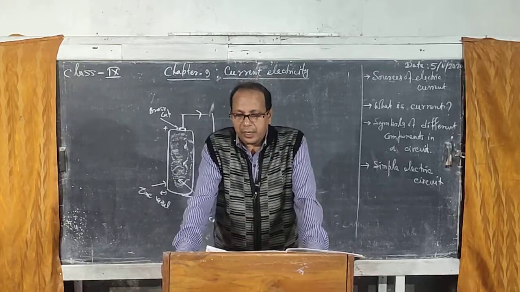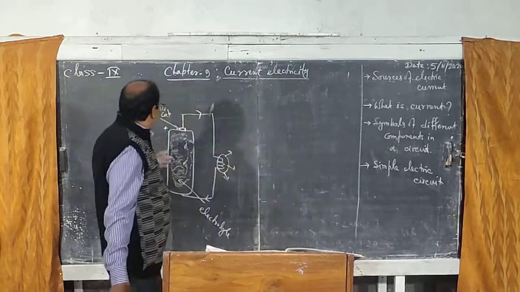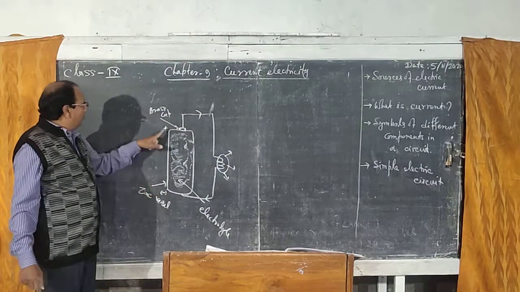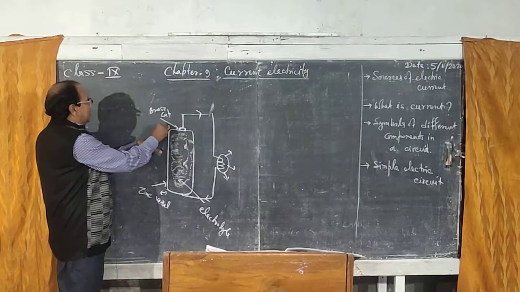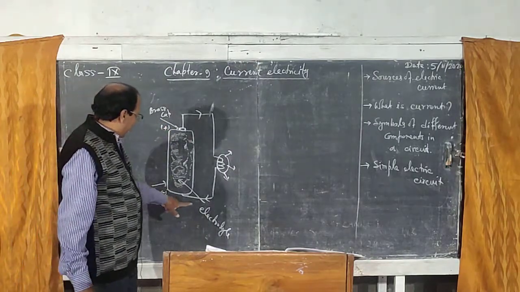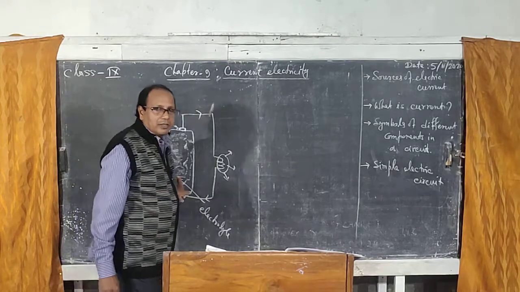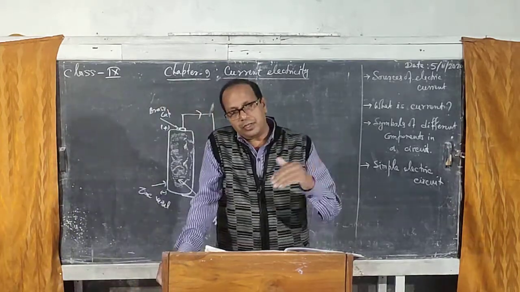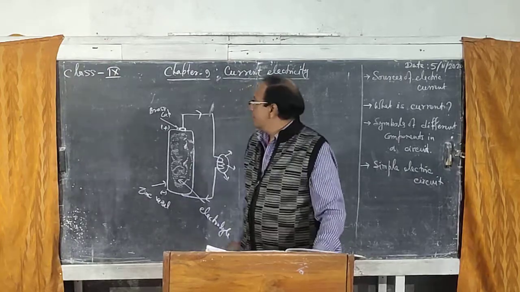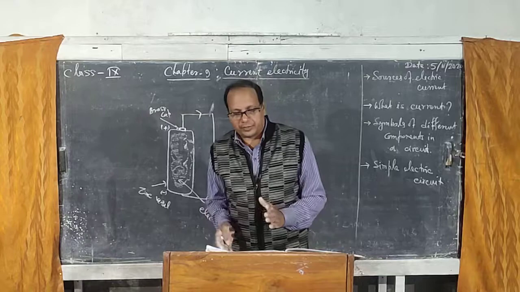In a cell there are two electrodes as I mentioned here, positive electrode and negative electrode. Positive electrode sometimes we can say is the anode, and negative electrode we can say is the cathode. And electrolyte we use here to convert chemical energy to electrical energy. Now again, cells can be divided into two types.